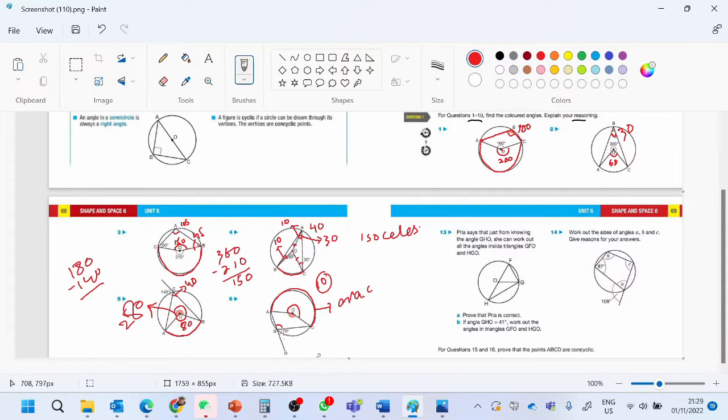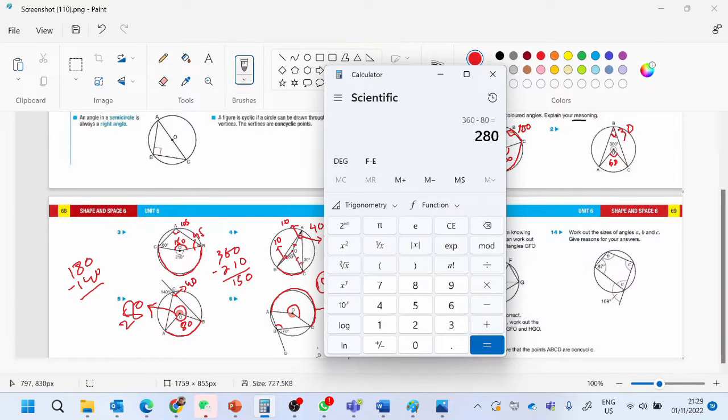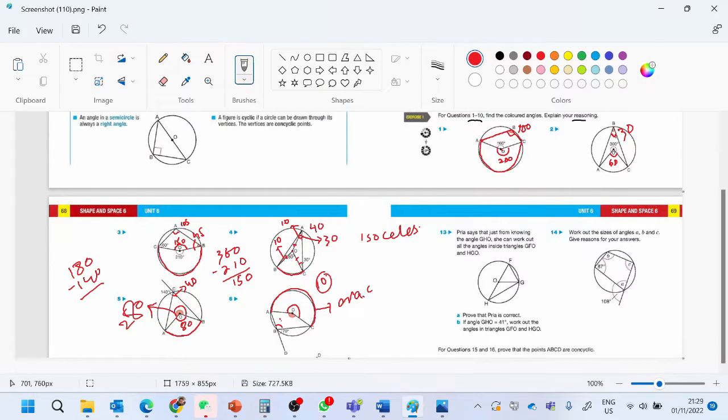If this angle is 70, then angles in a straight line always equal 180. So we apply the same procedure, and 180 minus 70 gives us 110. So this angle is 110, and the angle here should be double. That means this angle should be 220.